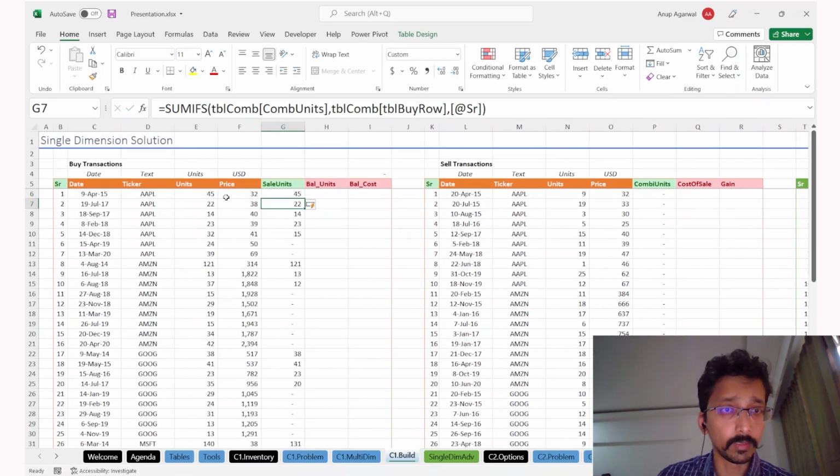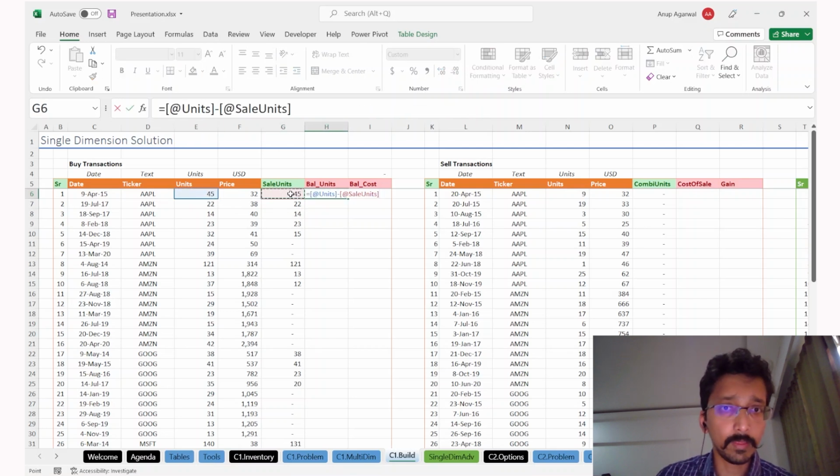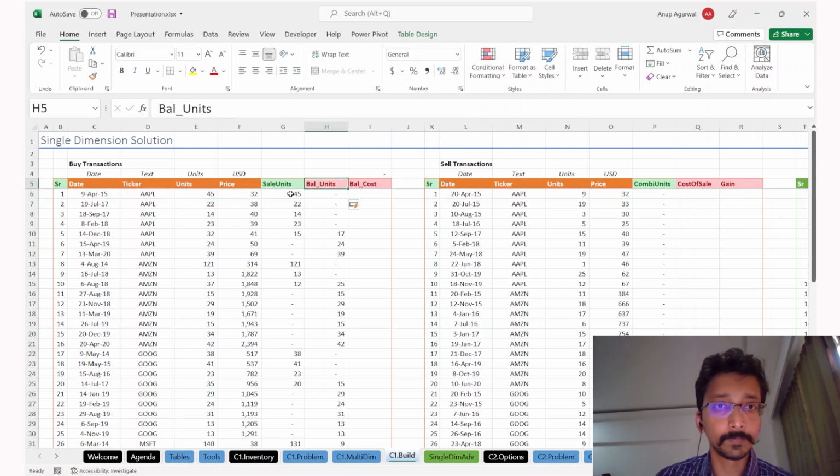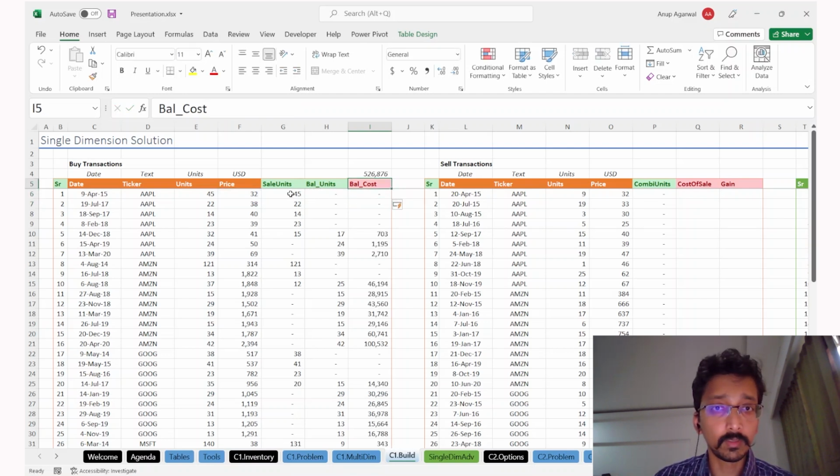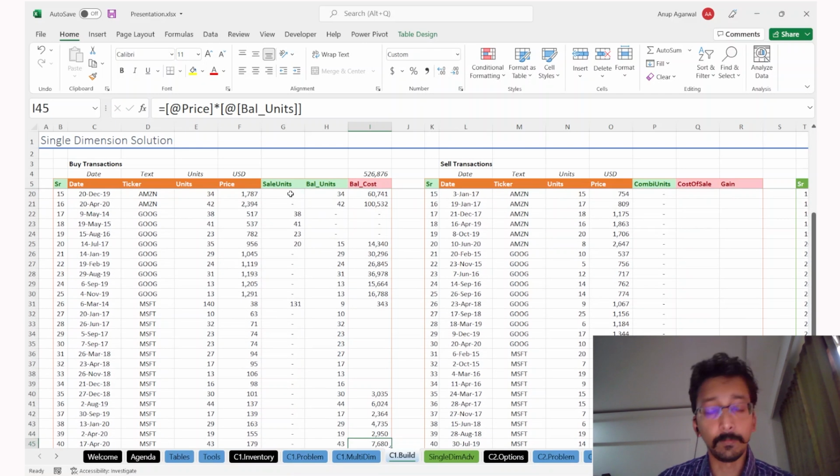So it really tells that, of these 45 units, all 45 have been sold, and the balance units are 0. So we can format it like this. And then the price, this is price per share, not the total value of the purchase, multiplied this. So this is the cost, or the FIFO cost of all your holding.